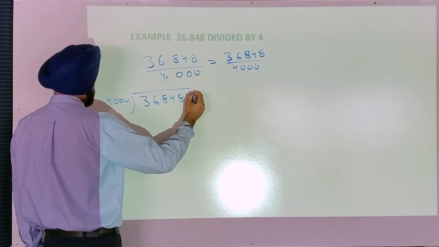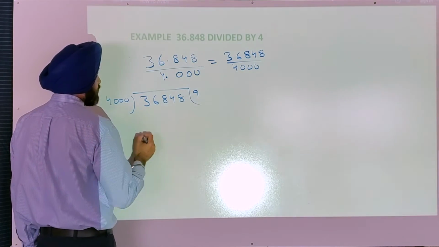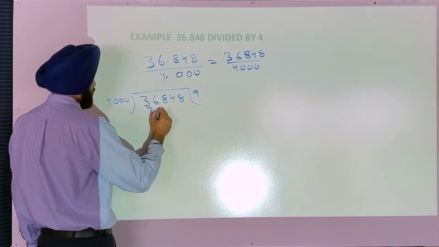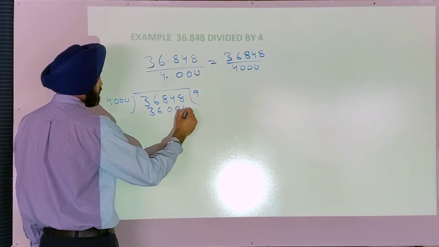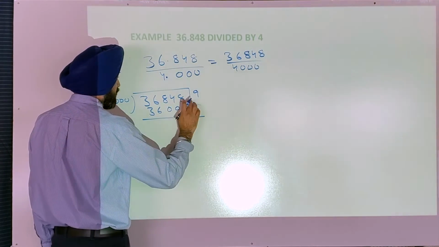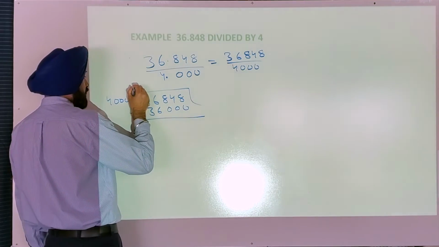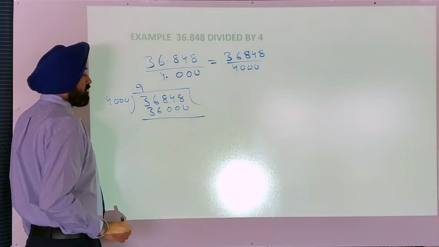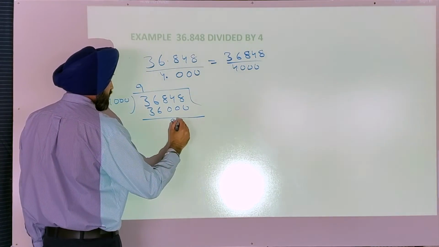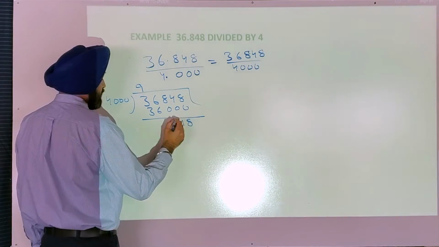4,000 times 9 is 36,000. I can put the 9 here. So subtract, you get 848.